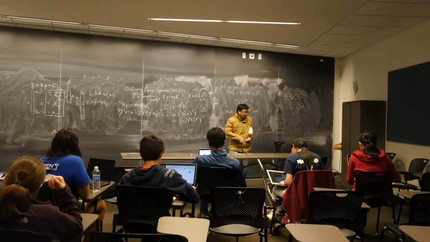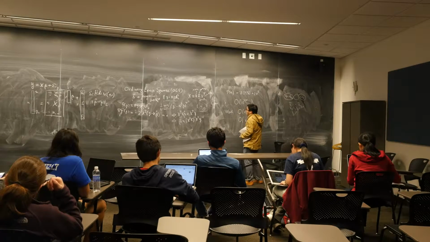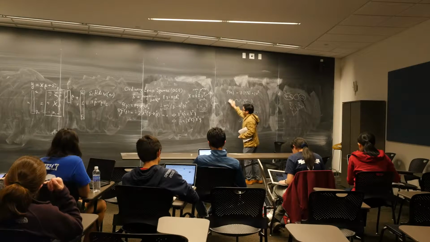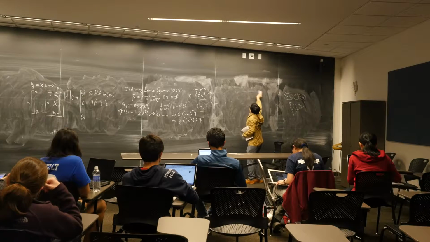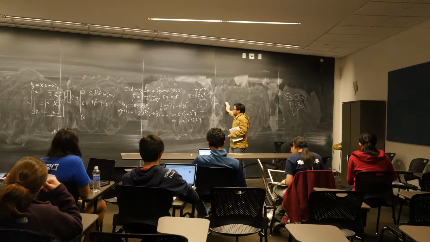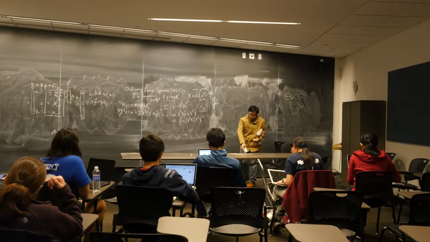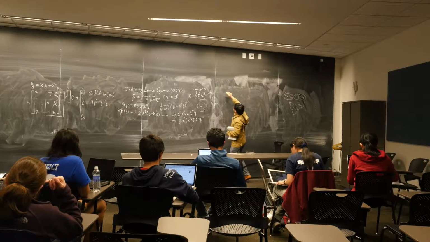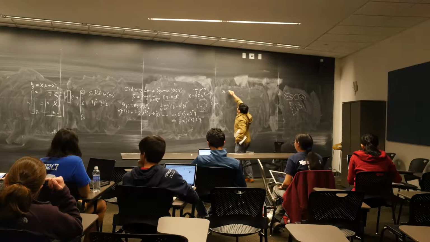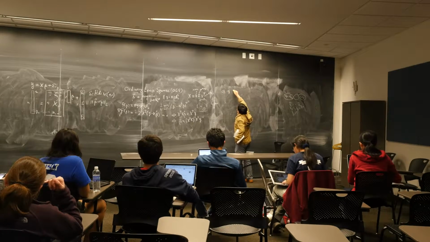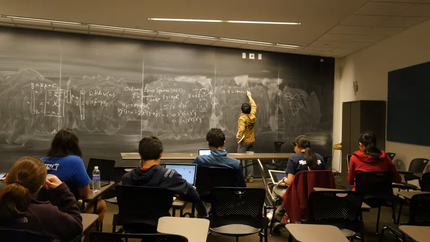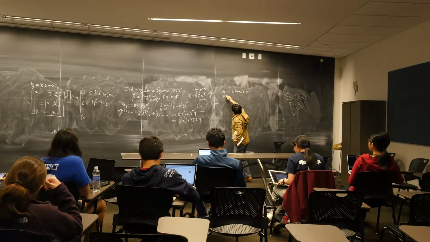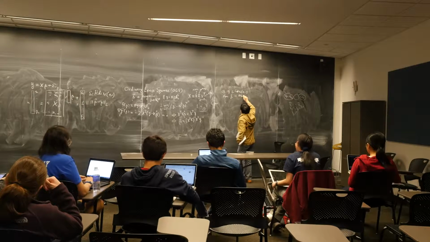Okay, so some more remarks on this OLS estimate. First, if epsilon i are IID Gaussian, then beta hat is the maximum likelihood estimator.